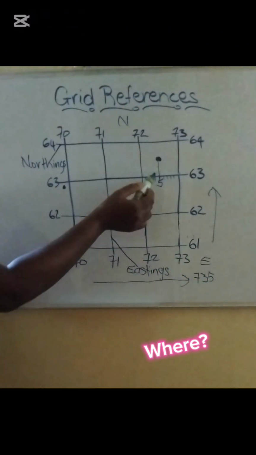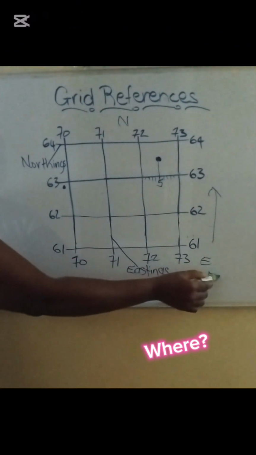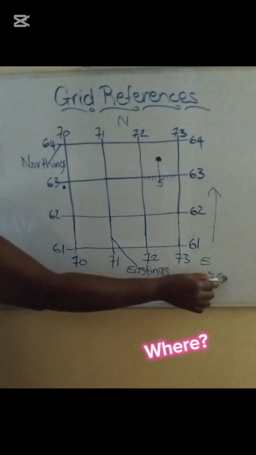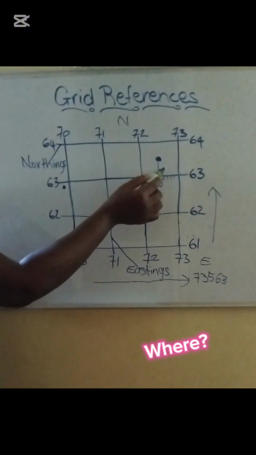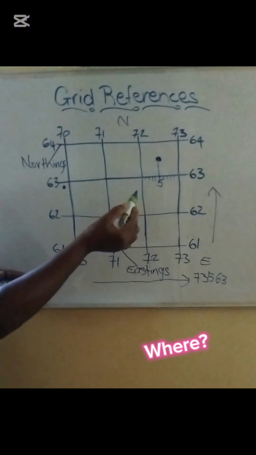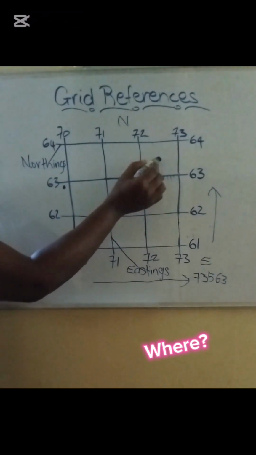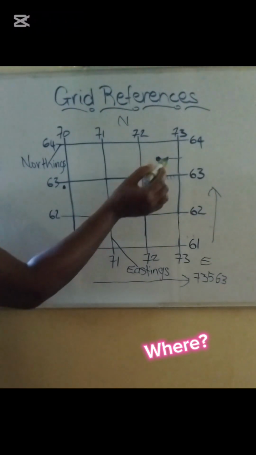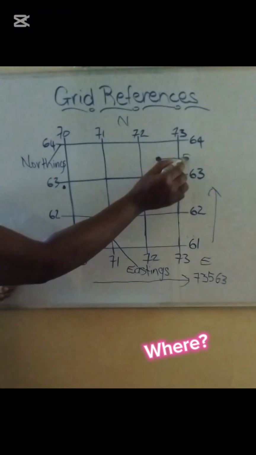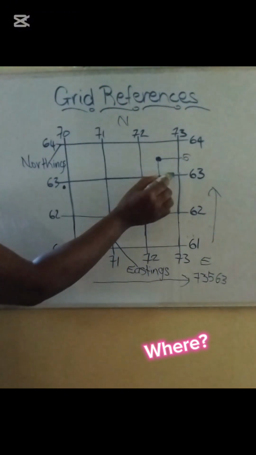Okay? Looking at the northing now, we can say 63. And we're going to do the same segmentation of the grid. Okay? So we are going up. So it is about halfway there, which we said is 5. Okay?